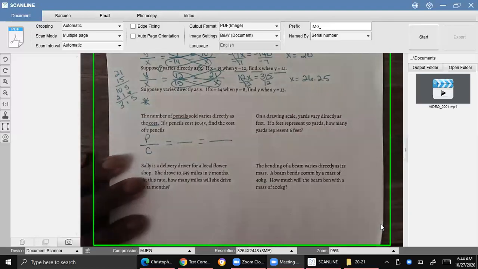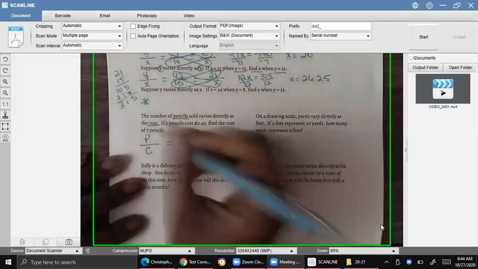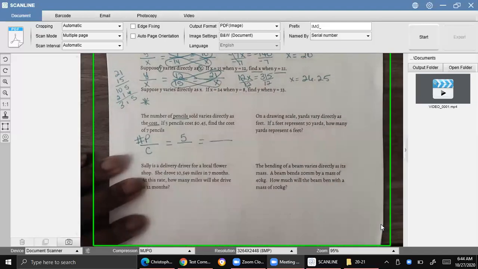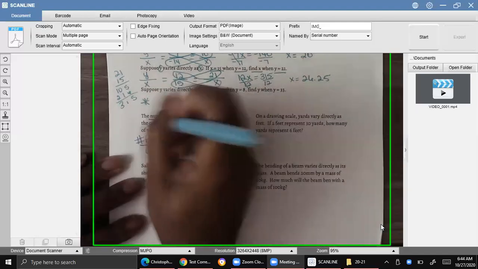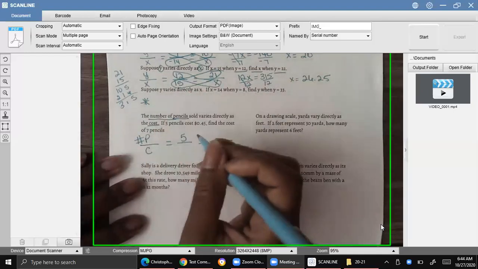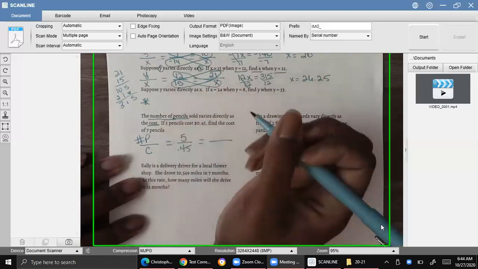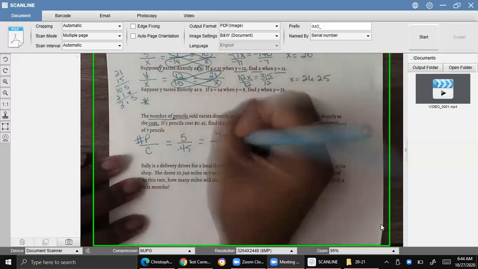Okay, I like to abbreviate. You can write it out if you want to. If 5 pencils cost 45 cents, find the cost of 7 pencils.